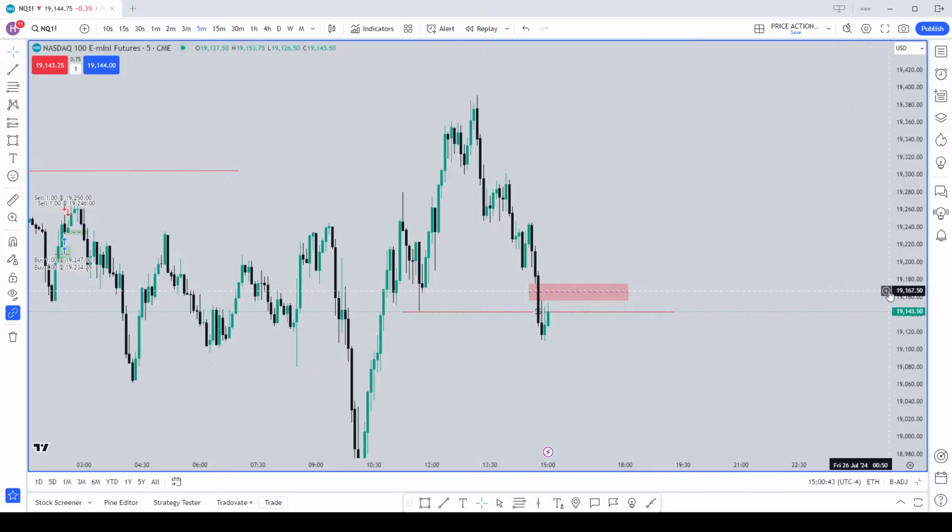I might go into a short right over here and stop loss right above this high right here.